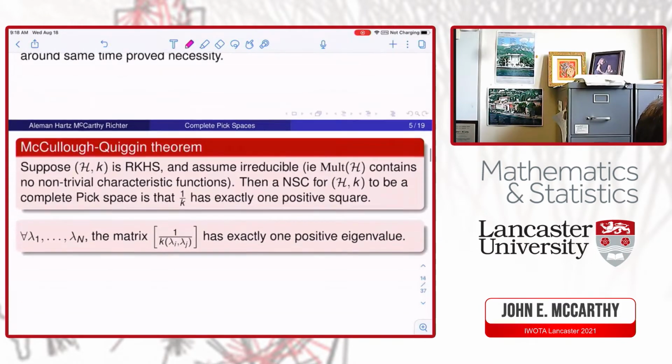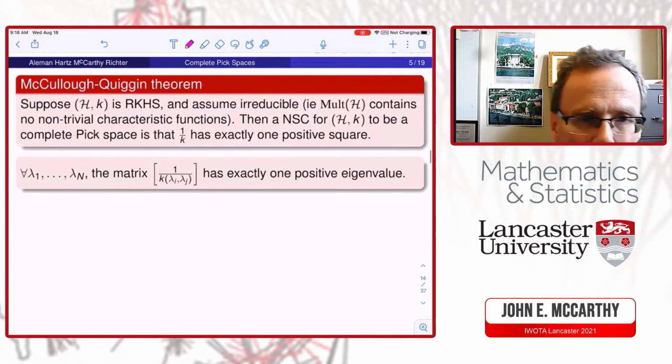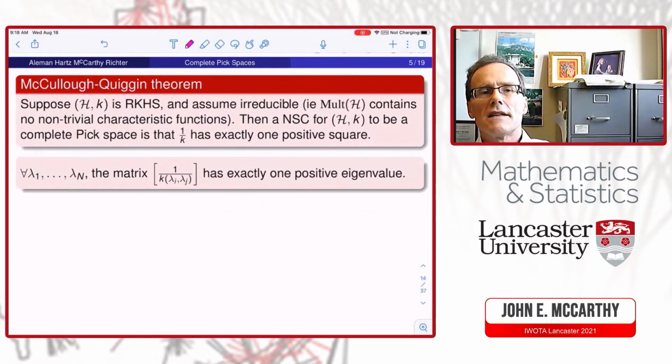So we get the McCullough-Quiggin theorem, which says that if you have a reproducing kernel Hilbert space H with kernel K, and we just make a little trivial technical assumption that it's irreducible. That just means that you can't split it into two pieces, that the multiplier algebra doesn't contain any non-trivial characteristic functions.